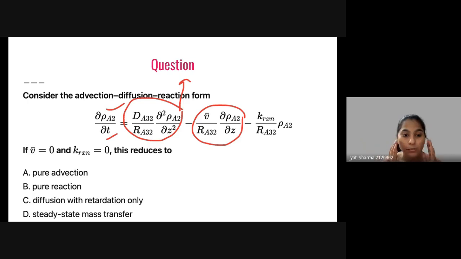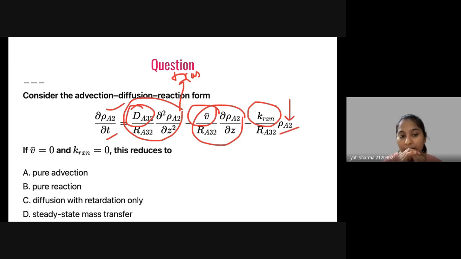So the change in the concentration of A with time is dependent on the transfer coefficient, or how it is transferring: this is the transfer due to diffusion, this is the transfer due to advection, and there may be some reaction that is also decreasing the concentration of your rho A2.